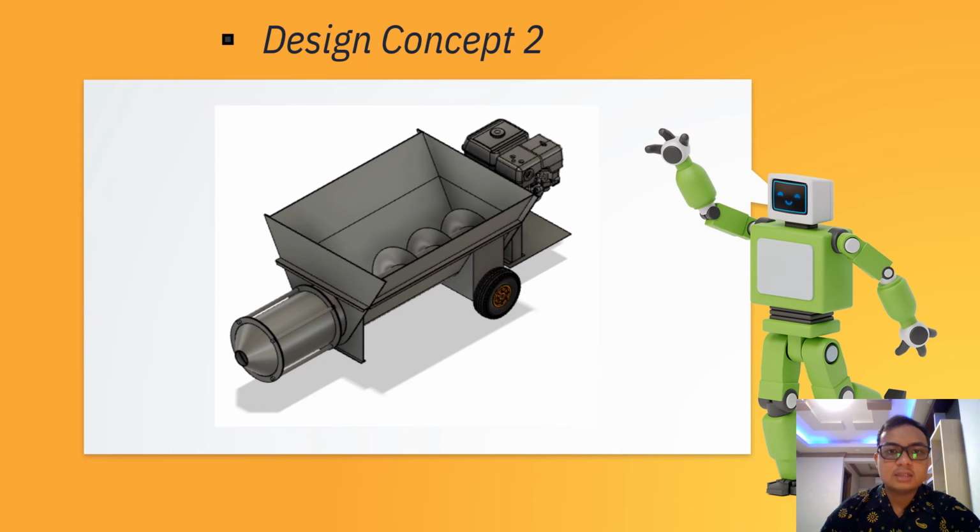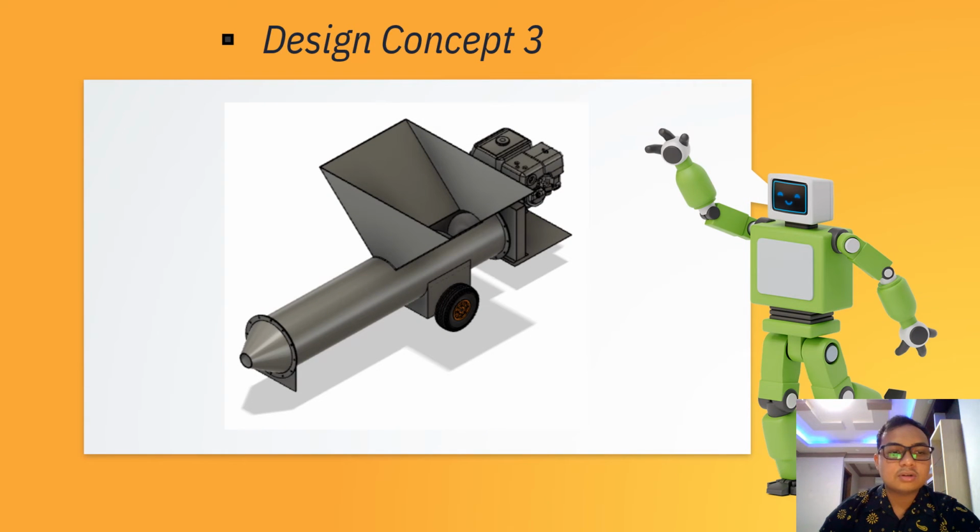And the next is design concept 3. In design concept 3, the conveyor trucks run the conveyor output. The advantage of this design concept 3 is that there are not many components and it's not complicated.